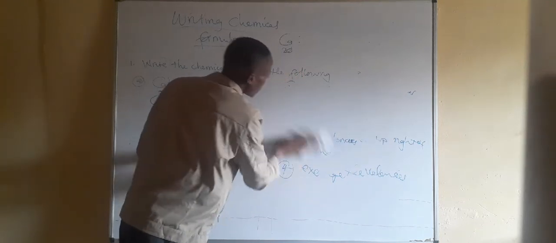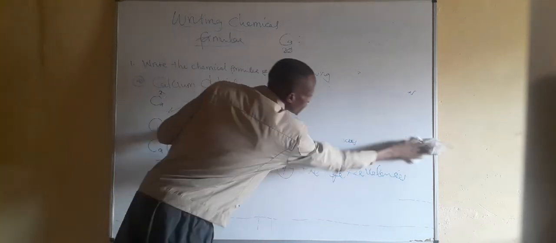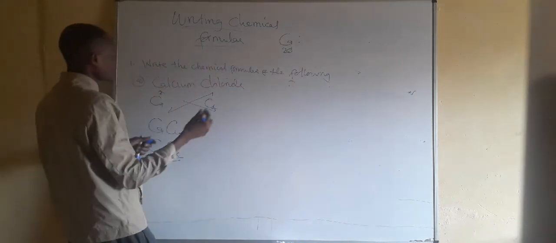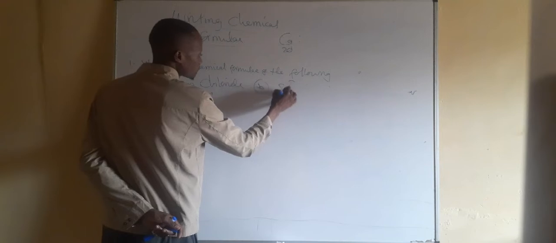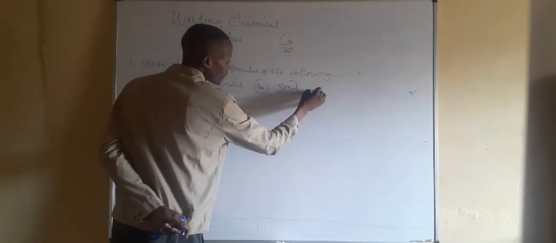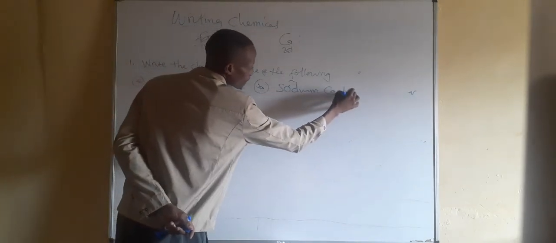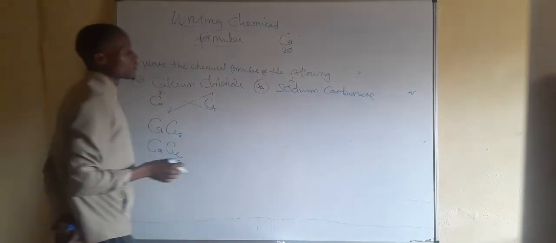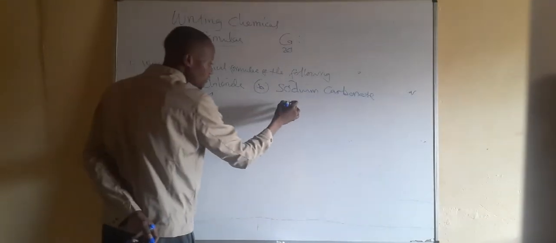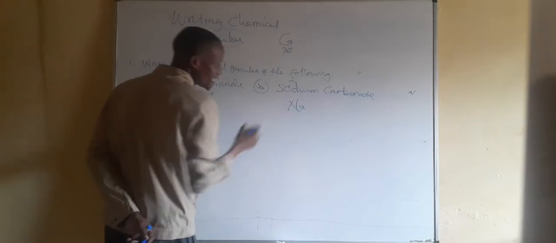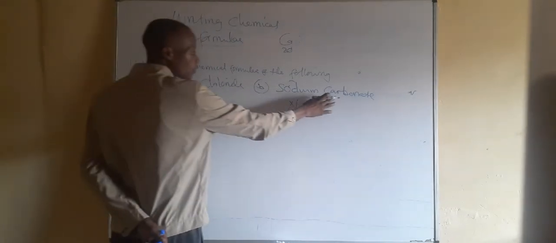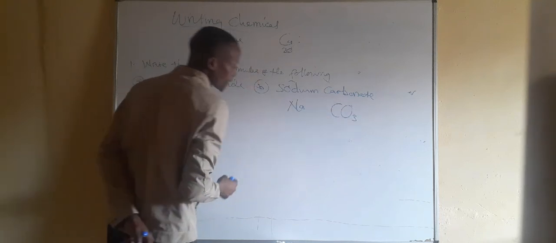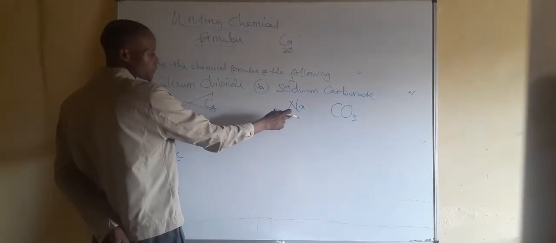Okay, let's consider the other example. Sodium carbonate. Remember carbonate is a radical. The element is sodium, the symbol is Na. The radical is carbonate, the symbol is CO3. What is the valence number of sodium?